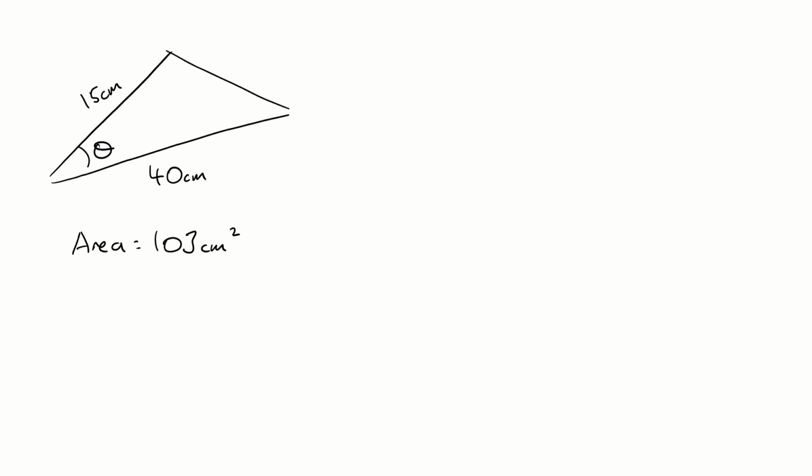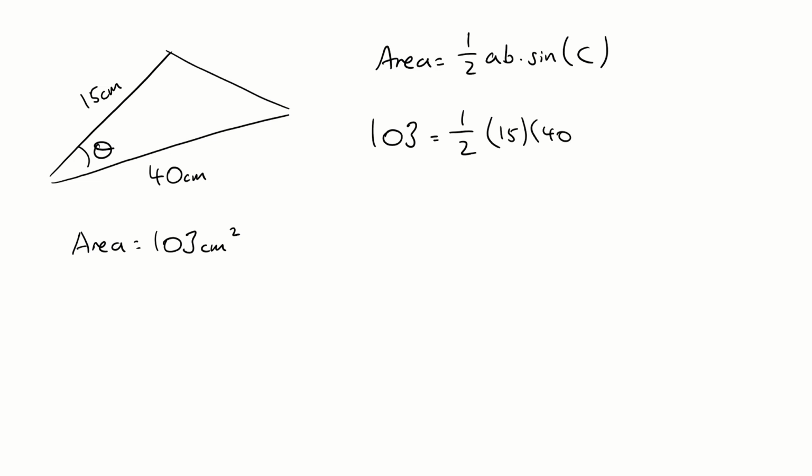So using our formula, the area is equal to a half times a times b times the sine of that capital angle C, the angle enclosed between them. Let's put in what we know. We know that the area is 103, and that is equal to a half times my two sides, my 15 times my 40, times the sine of that angle, which I'm not quite sure of. That's what I'm trying to find.